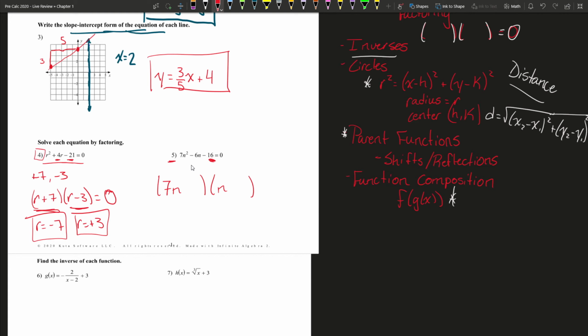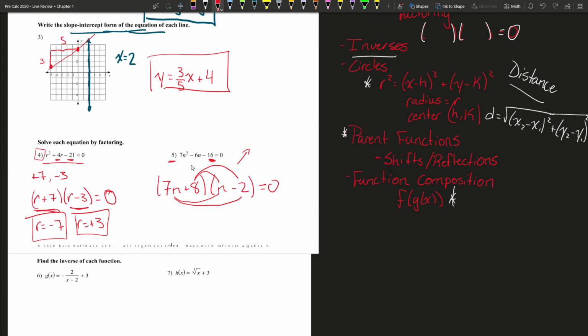So let's try -2 and +8. We get 7n squared minus 14n plus 8n minus 16. So that'll work.